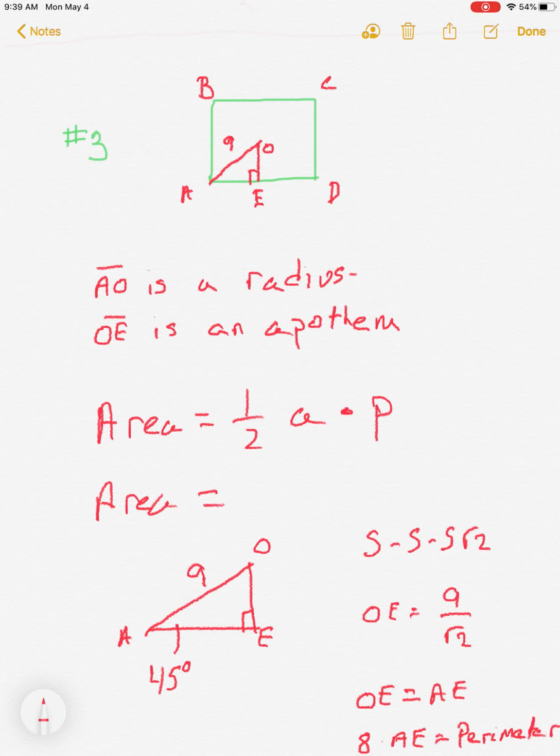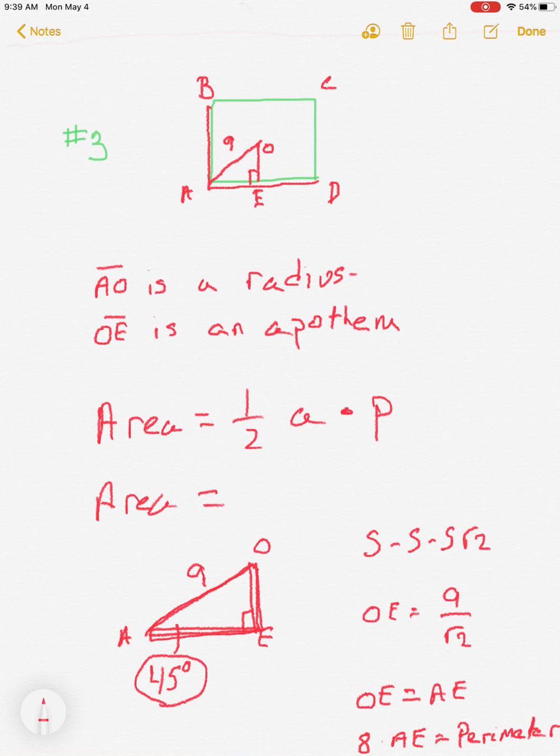In this case, since the corner BAD is a 90-degree angle, then AOE is a 45-degree angle, which I've labeled right here. So that makes this a 45, 45, 90 triangle.